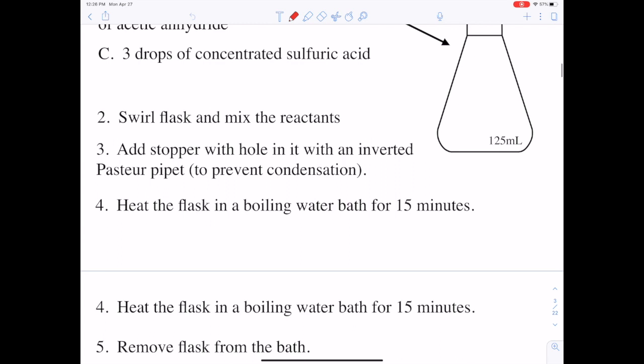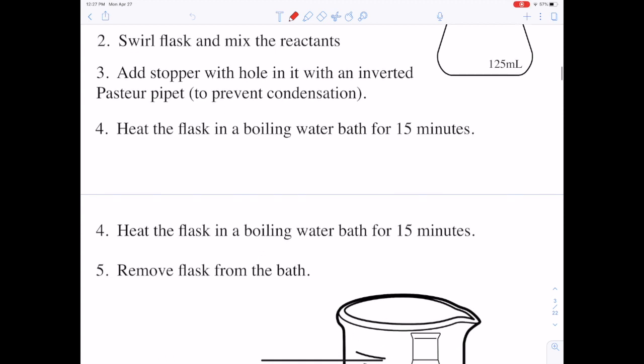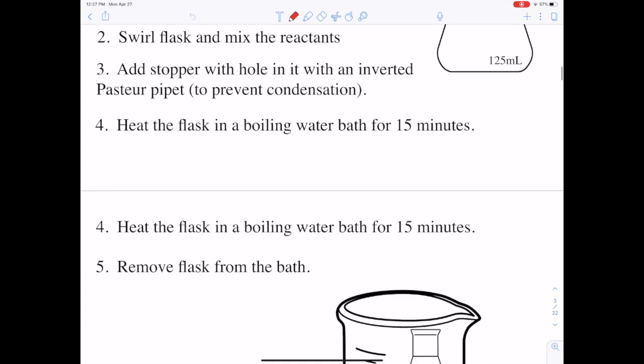Sulfuric acid is a catalyst that has to be added as well. The reactants are mixed, and a stopper with a hole in it is added to try to prevent condensation of moisture entering the flask, because that can destroy the acetic anhydride.